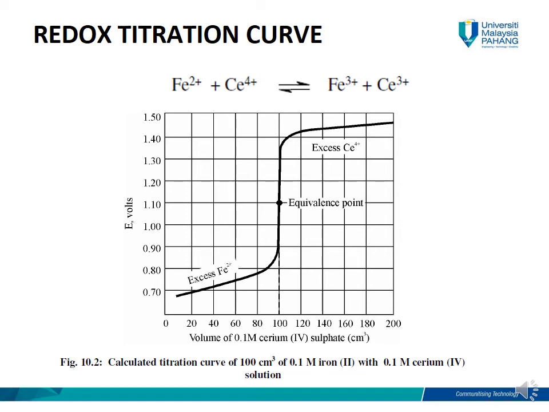So this is the titration curve, the common titration curve, and the shape is similar. The difference is the y-axis is the potential, in units of volt. That's why you need to use the Nernst equation to calculate the potential, because on the y-axis is the potential value.